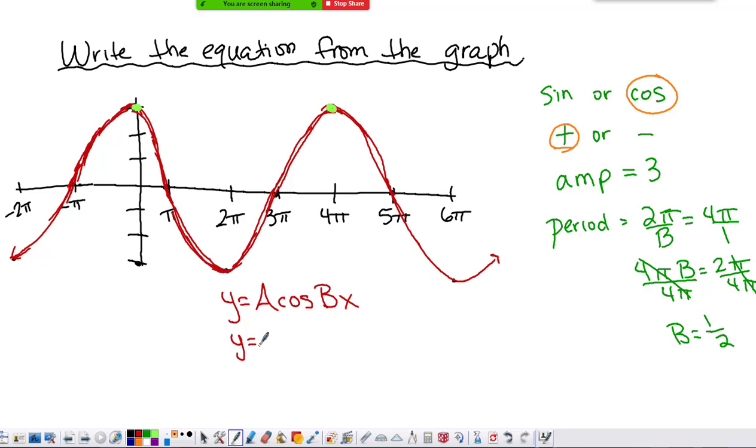What's our a? 3. We're doing a cosine function of b, which is 1/2, and then our x. Right? So you guys just did the exact opposite, right?